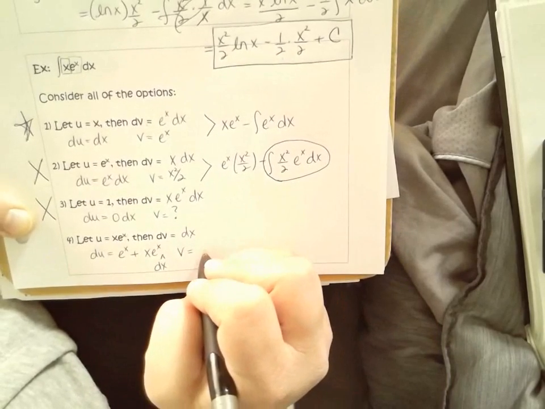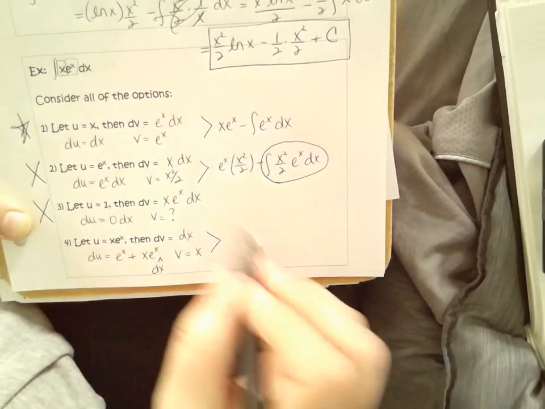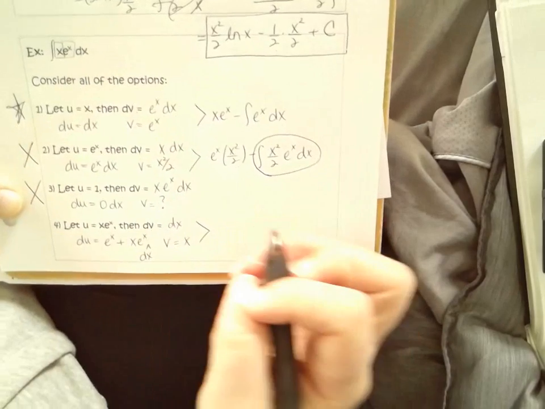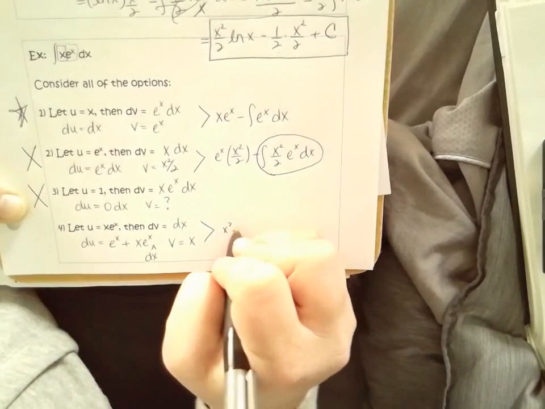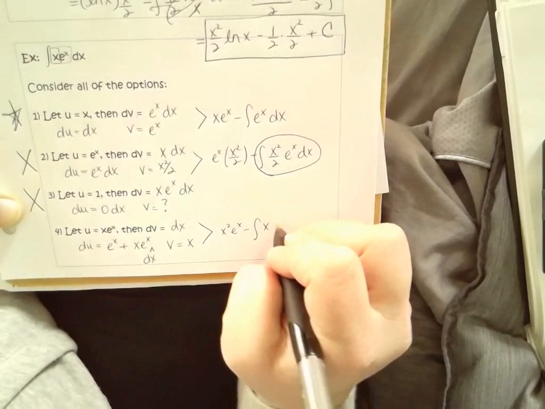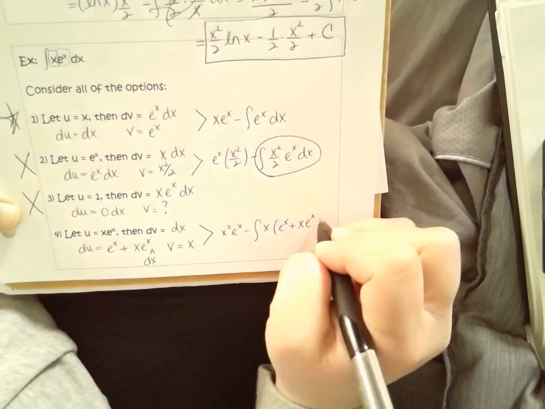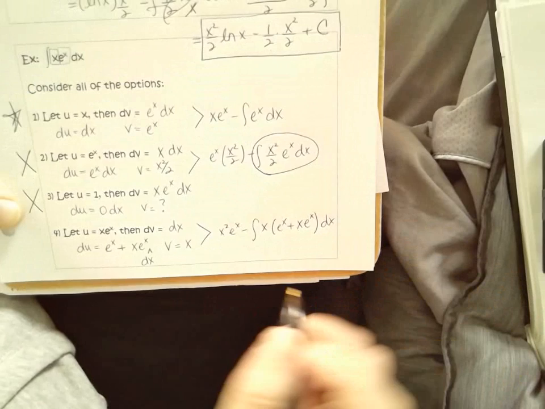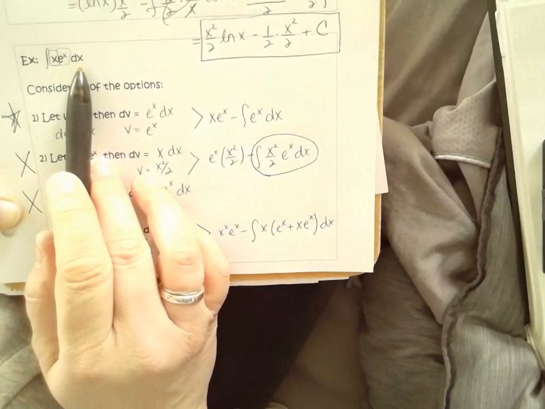V would be the integral of dx, which is just x. Therefore, I would trade all of this in for the combination of uv minus the integral of v du. Can you see how this is more complicated than what we started with?